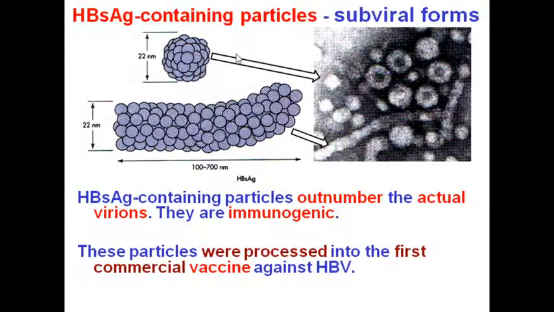You can see these are the particles we are talking about. They are highly immunogenic, and they were taken initially around 30, 40 years ago as the antigens processed into commercial vaccines.